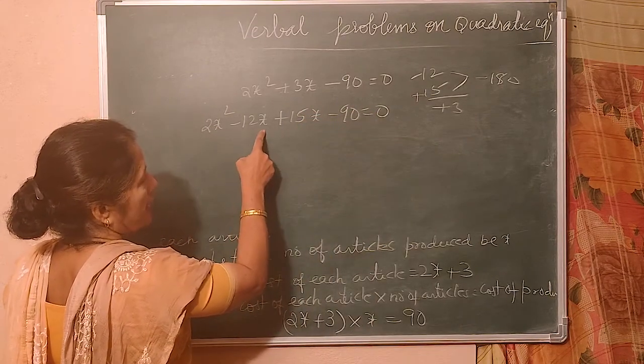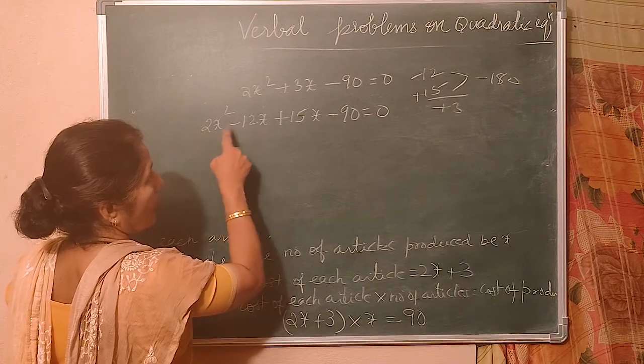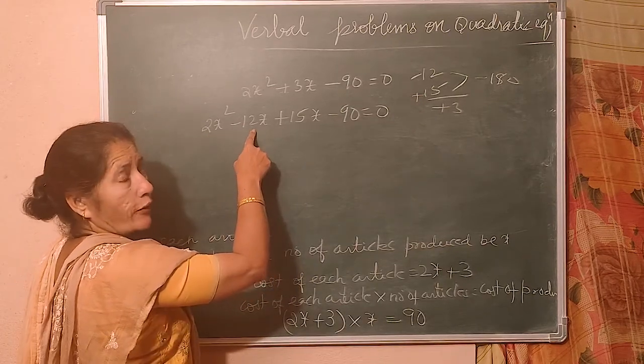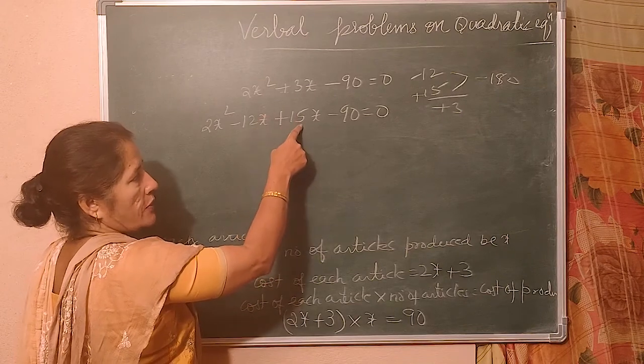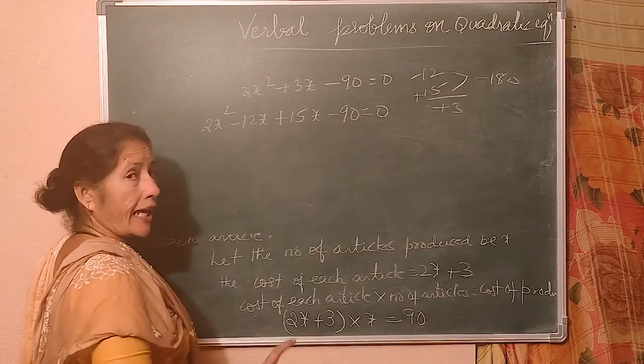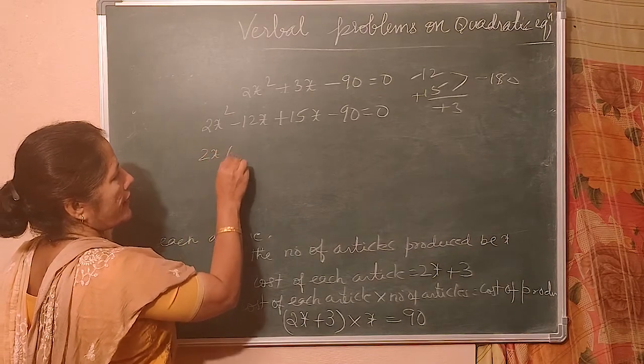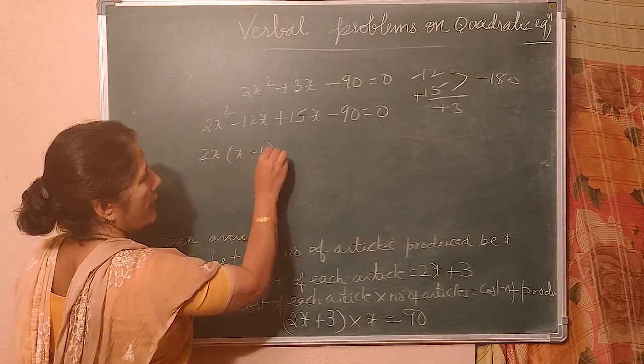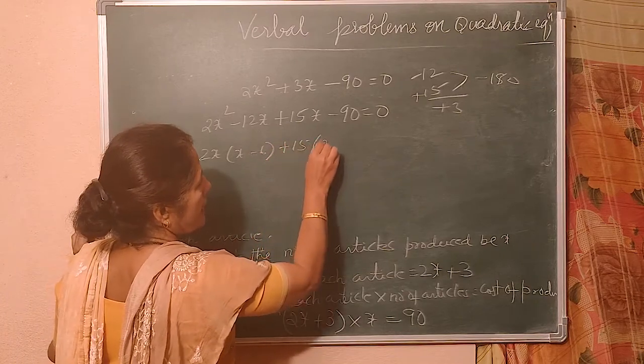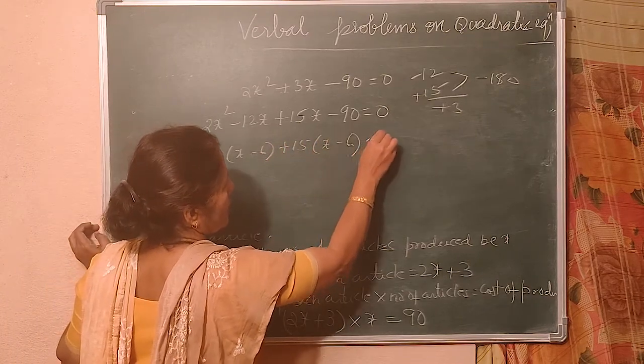See how I write? According to my convenience, 2 and 12 if I get together I can take out the common. So remaining is 15. 15 and 90 you get again some common. So 2x is common, x minus 6 plus 15 is common, x minus 6 is equal to 0.